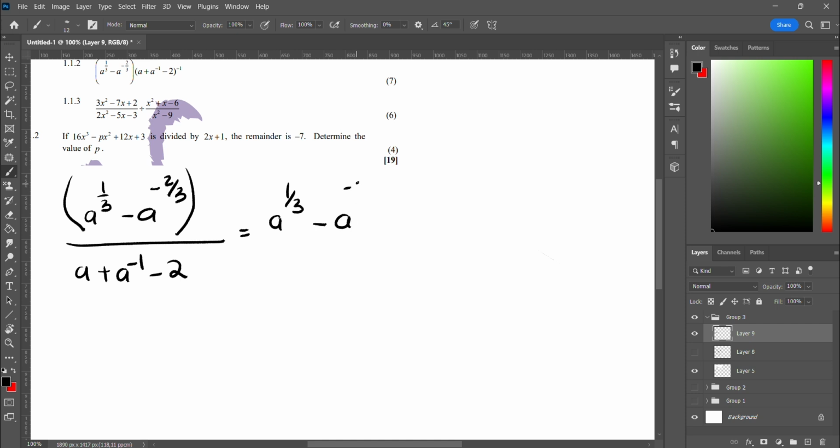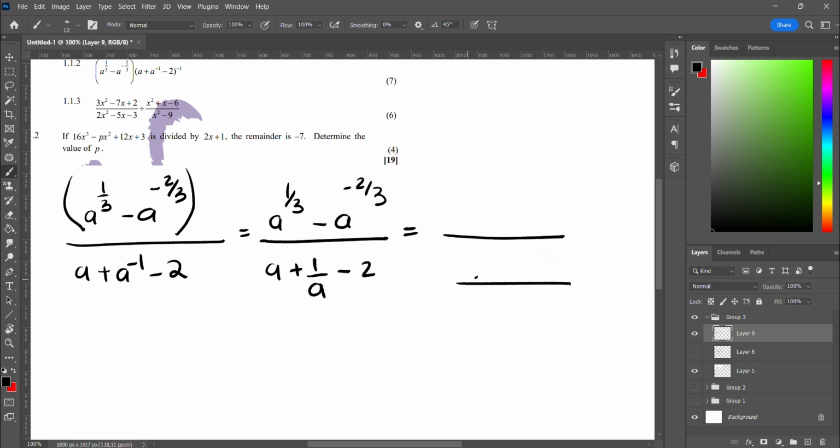Minus a minus 2 over 3 is over a plus 1 over a minus 2. So here I'm going to take out something: I'll leave the top as it is, and then we're going to have a squared plus 1 minus 2a all over a 1 over 3 minus a minus 2 over 3.